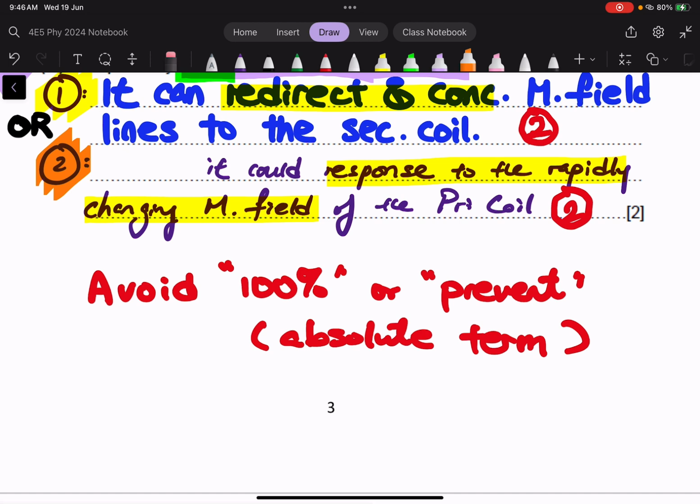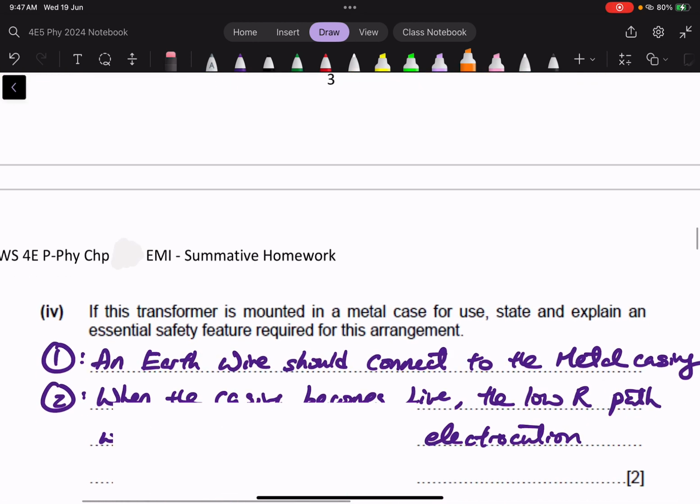So you cannot get 100%. Because of that, try to avoid absolute terms like 100% transfer or preventing heat loss. You can't prevent heat loss. You can prevent conduction, you can prevent convection, but you cannot prevent radiation. Even if you create a vacuum, radiation will still happen. So there are things that you cannot prevent. Okay, so avoid absolute terms.